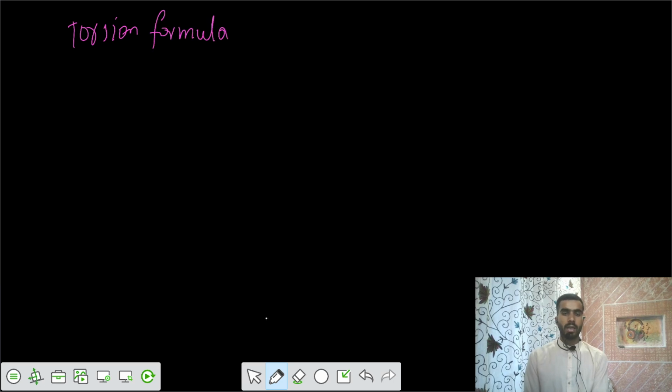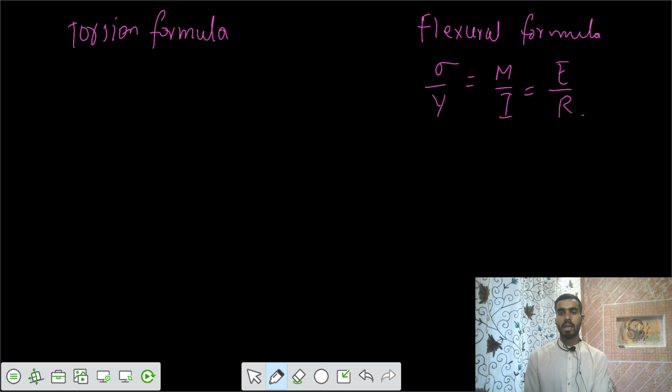Now if you write the final equation, that final torsion formula, we write it in the fashion of the flexural formula. We have the flexural formula, sigma by y equals M by I equals E by R. In the same manner, we write shear stress at a distance of r. Similarly, bending stress at some point y from the neutral axis, and the bending stresses were in this fashion.